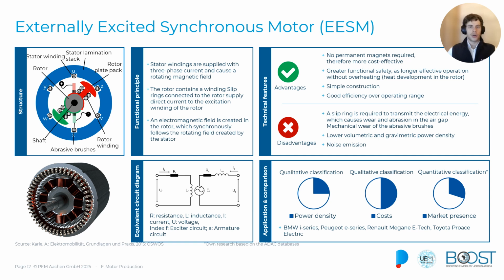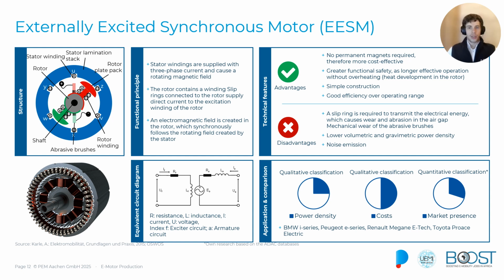This comes with the pretty obvious advantage of refraining from costly permanent magnets, a greater functional safety, a longer effective operation without overheating, and by that a good efficiency over the operating range.